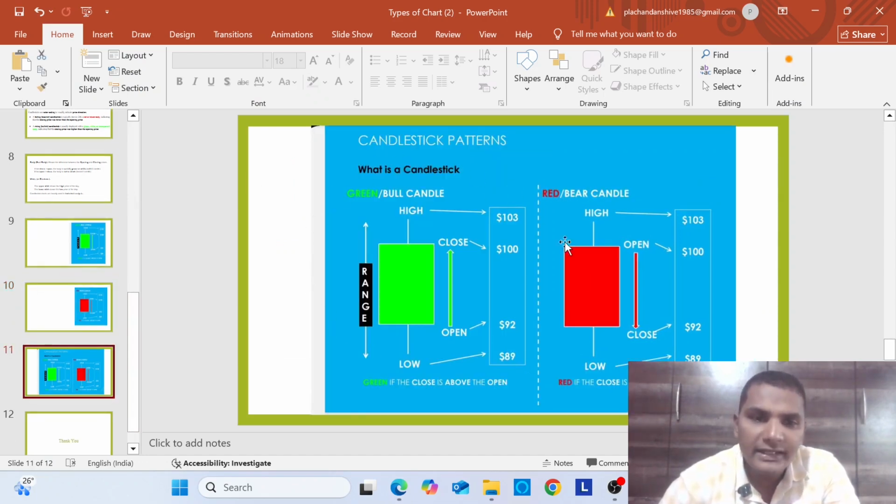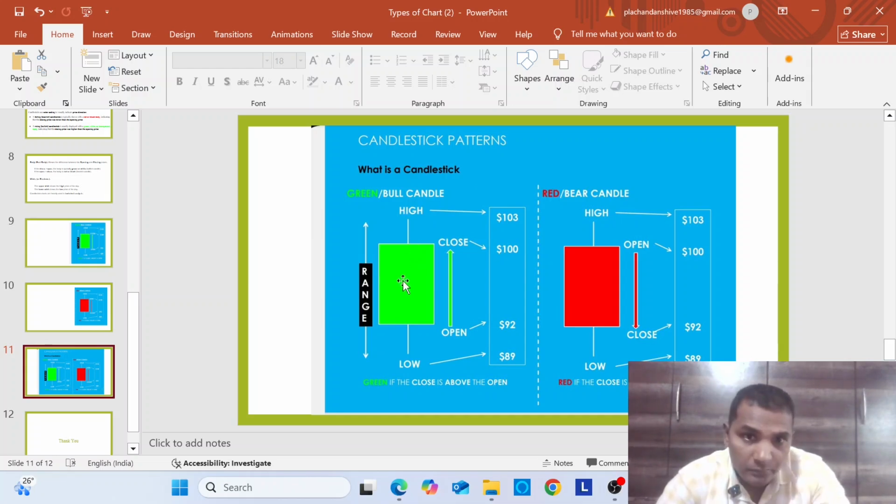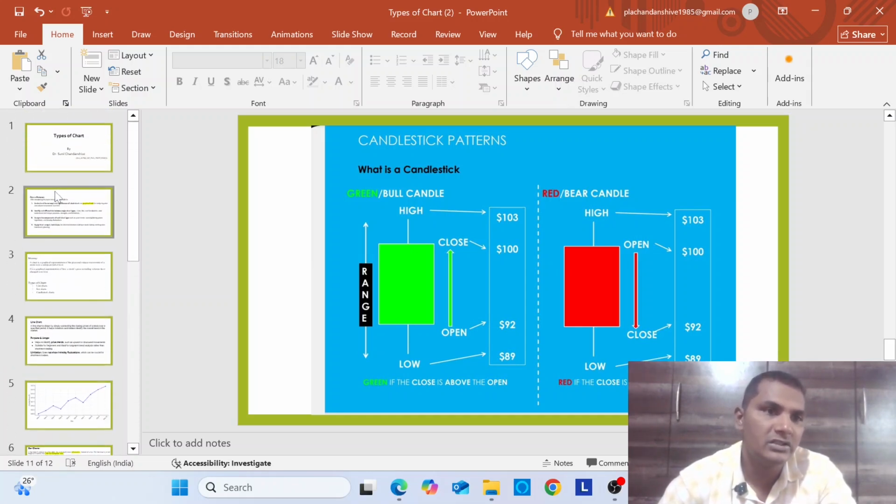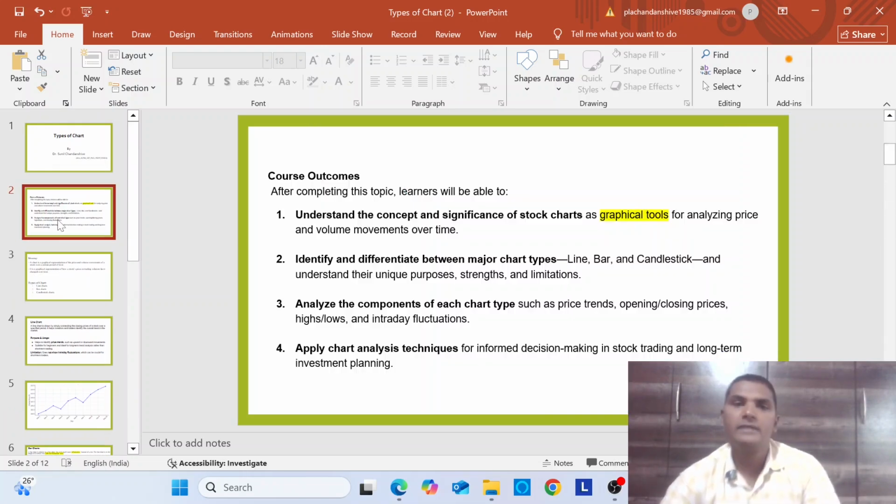In short, again, as you can see, this is the bullish candle because it opened at low and closed at high. This is the bearish candle, or bear candle: open at high, 100, and close at 92. So this is all about the different types of charts that we have learned. There are three types of charts.